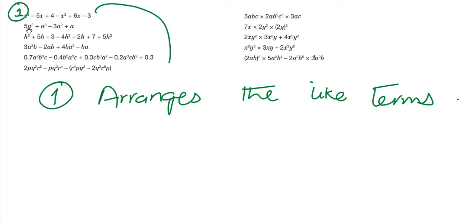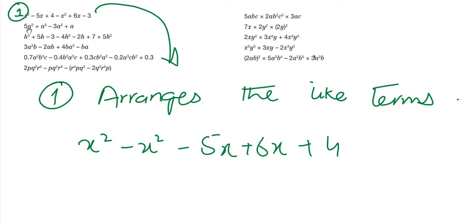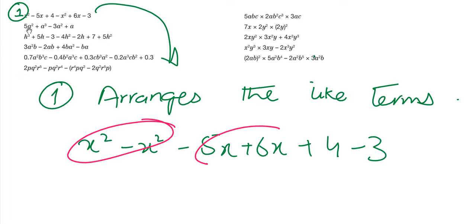Okay, like in the first example, we have to arrange the constants, the x variables and the x square variables. Like x square minus x square minus 5x plus 6x plus 4 minus 3. So you can see that I have arranged all the like terms over here.